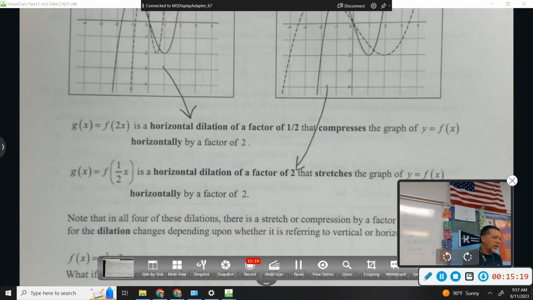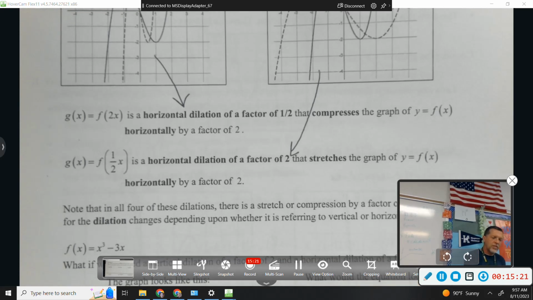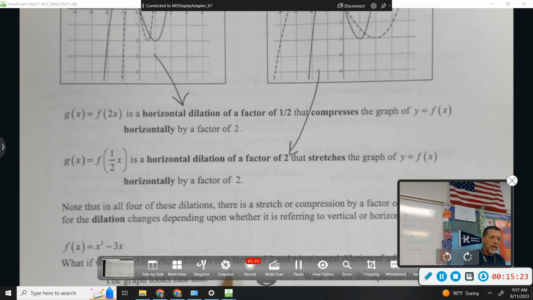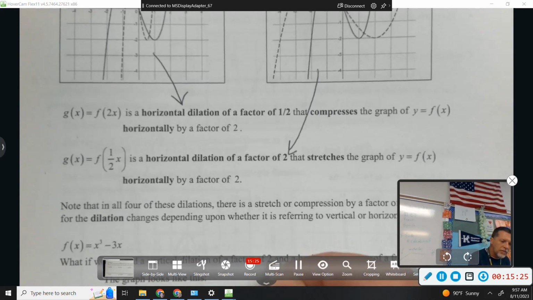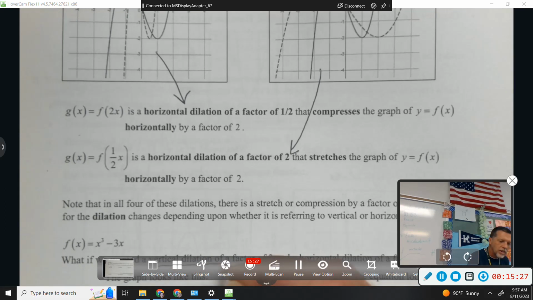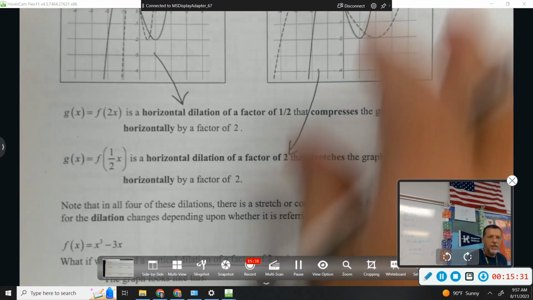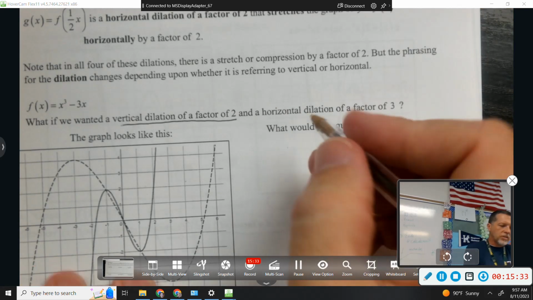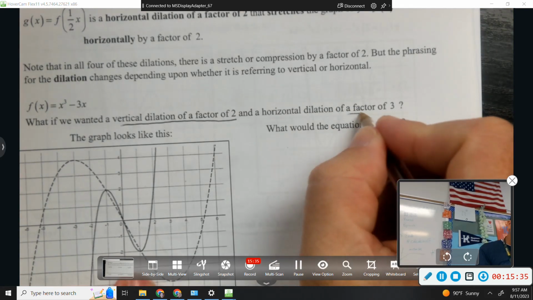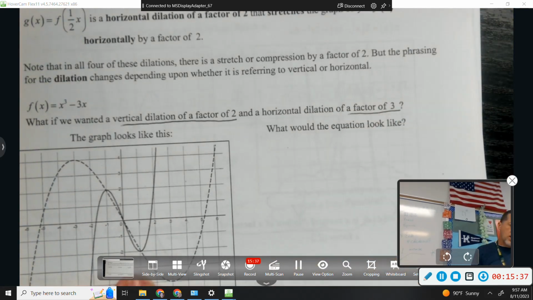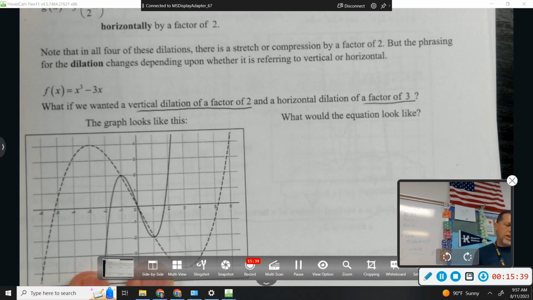This next one is kind of tricky. If we do both a vertical dilation by a factor of 2, so that would mean a 2 out front, and a horizontal dilation by a factor of 3, what would the equation look like?